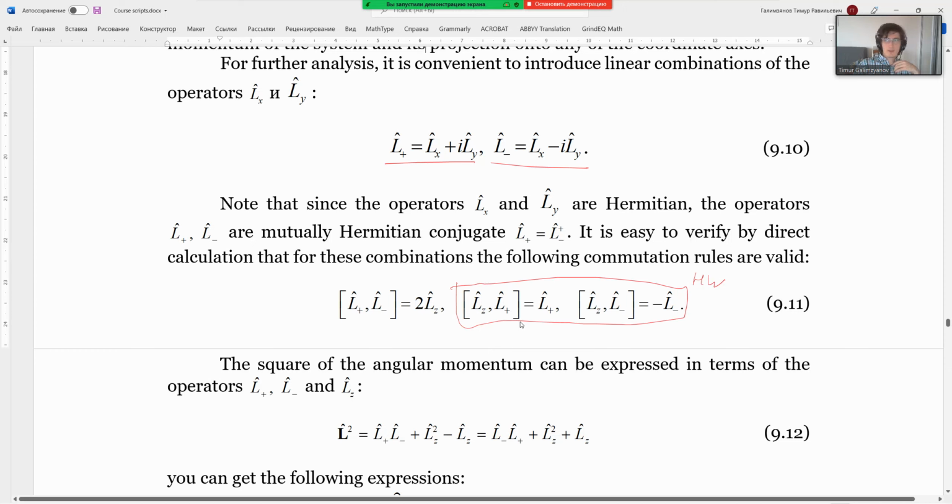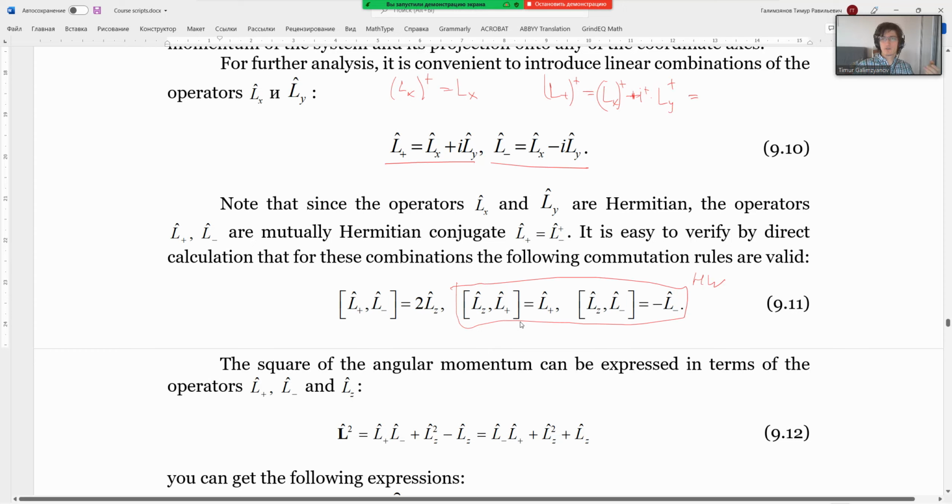Note that Lx is the operator of a physical quantity. That means that Lx is a Hermitian operator, so Lx Hermitian conjugated equals Lx. However, L plus and L minus are not Hermitian operators, because if we try to conjugate L plus, we will get Lx conjugated plus i conjugated times Ly conjugated.